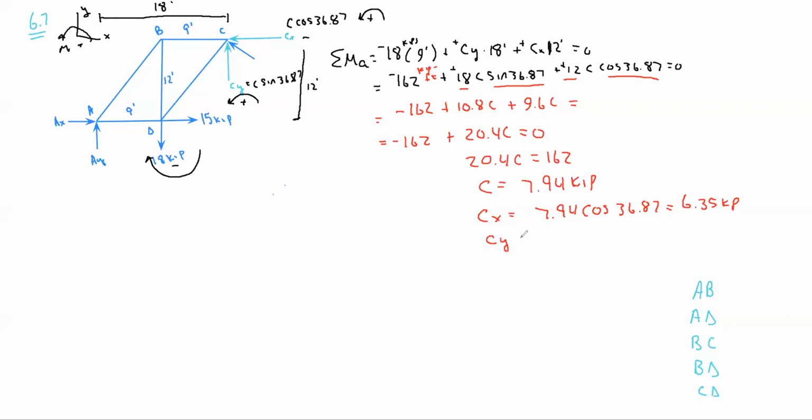And CY is equal to 7.94 times the sine of 36.87, which is equal to, you guessed it, 4.76 kips.